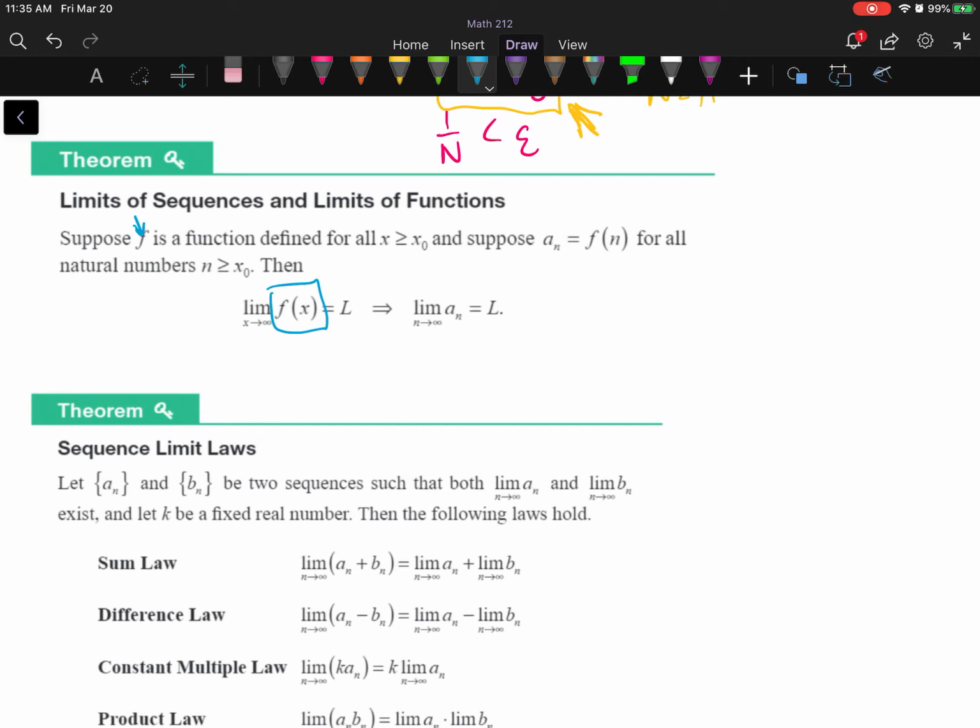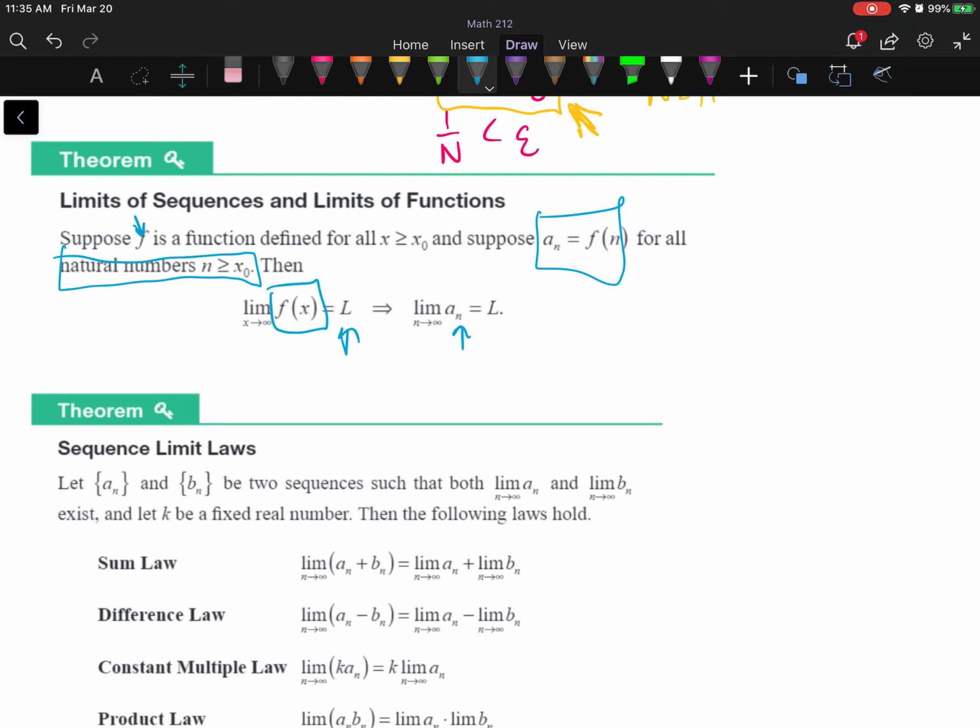If that function based on the real numbers approaches a limiting value L, and your sequence is enough like that function for all natural numbers n greater than some x0.